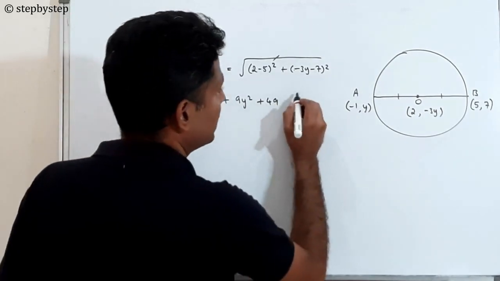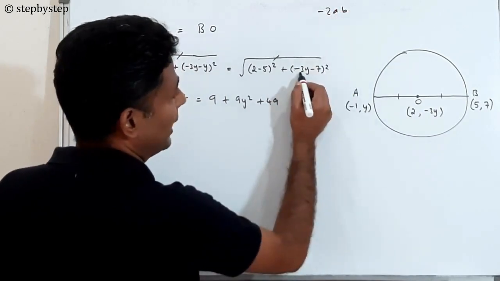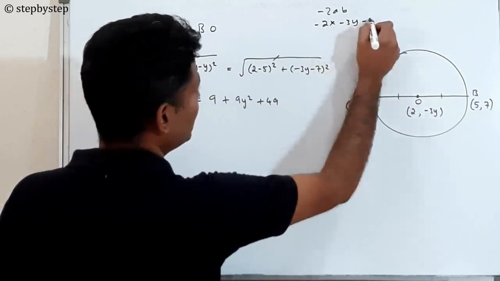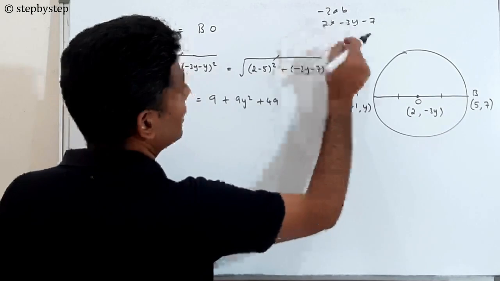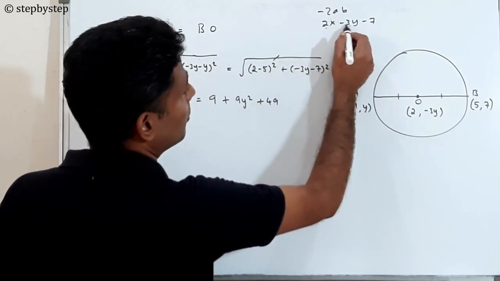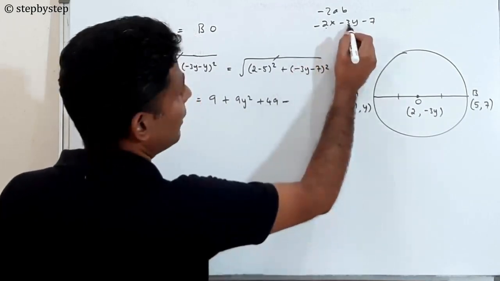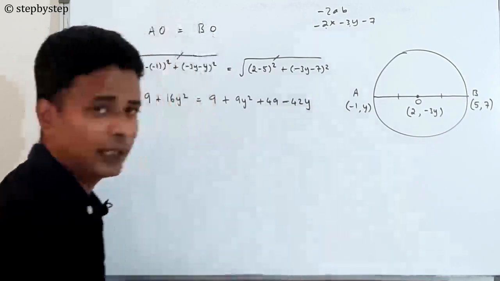Okay, minus 2ab. So how much will be minus 2ab? Minus 2 into a, that is -3y, into -7, right? So 2 into minus into minus is plus, plus into minus is minus, so 2 into 3y is 6y, into 7 is minus 42y, right?